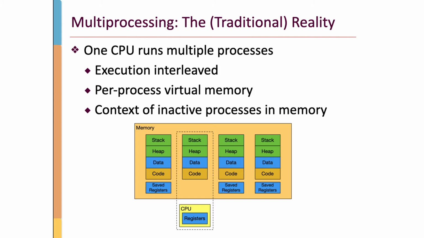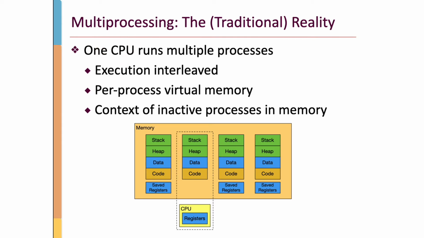What we'll see is that the execution of the different processes is going to be interleaved. The CPU is going to run one process for a little while, then the next process for a little while, then the next. That gives the illusion to the user that all these processes are executing simultaneously, even though they're only running one at a time if we have this one CPU assumption.